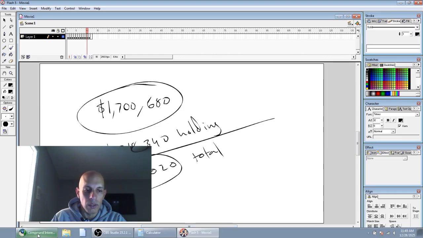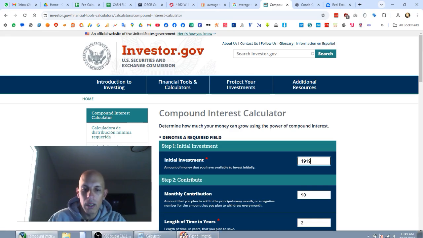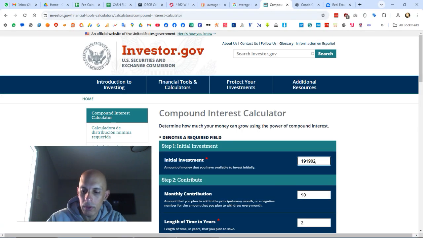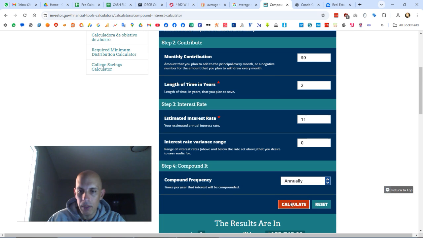So let's see here. Oops. Cash 1919020, and you've not made any monthly contributions since then. It's, let's say, 2 years.